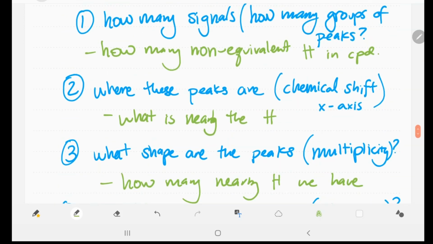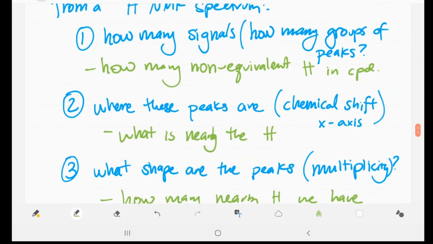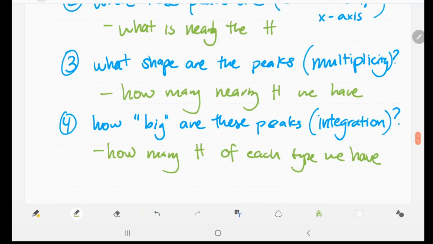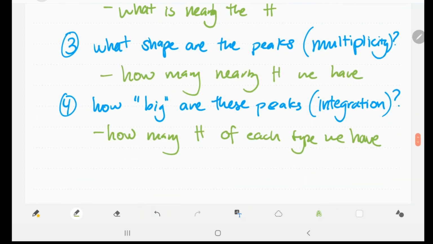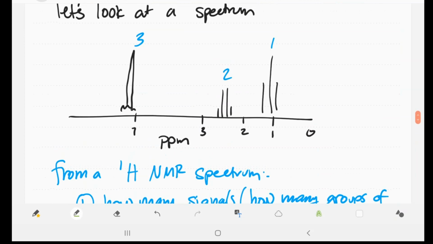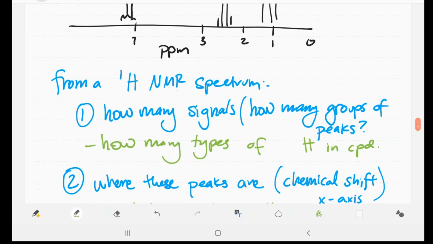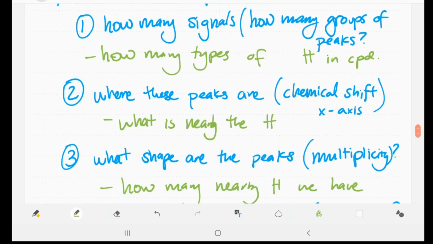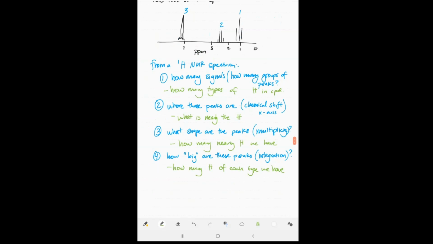So that's directly correlated with number one. Number one tells us how many types of hydrogen you have. And the last bit here, how big the peaks are, tells you how many hydrogens of each type. In this case, we had 3 different types of hydrogen. If we were to integrate these, well, we'll do that in a sec. All right, so 4 bits of information. I'm going to make this vertical for a second here.